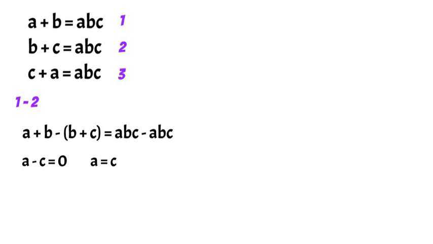So let's do 2 minus 3. That's going to be a very similar situation where we're left with b minus a is equal to 0, which means that b is equal to a. So if we know that a is equal to b and a is also equal to c, that means b is equal to c as well. So that means a, b, and c are all equal.